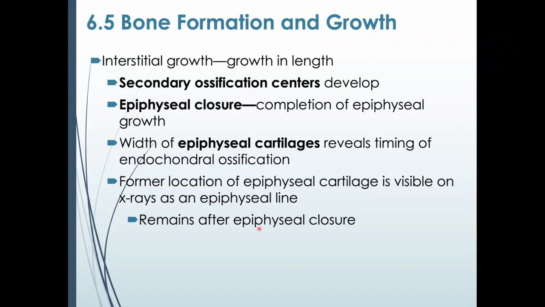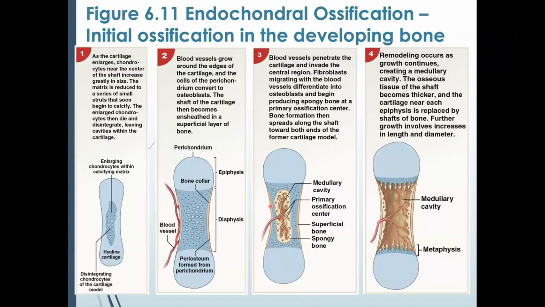And so the former location of those epiphyseal cartilage is going to be visible on X-rays as called the epiphyseal plate or the epiphyseal line. And it will remain after the epiphyseal closure.